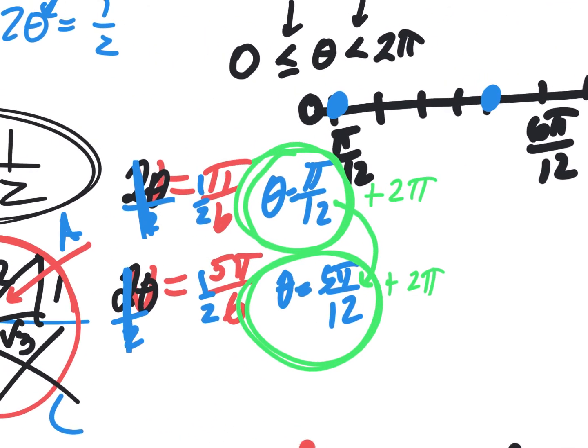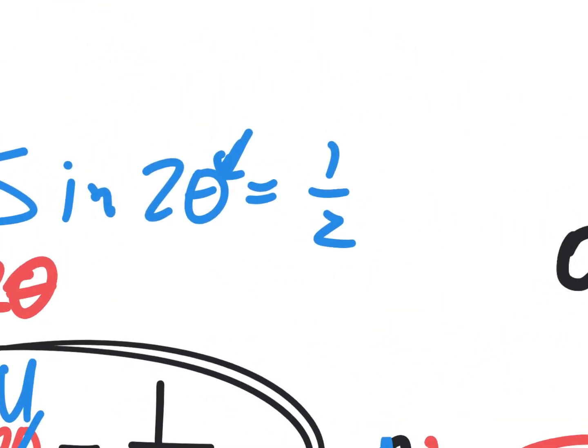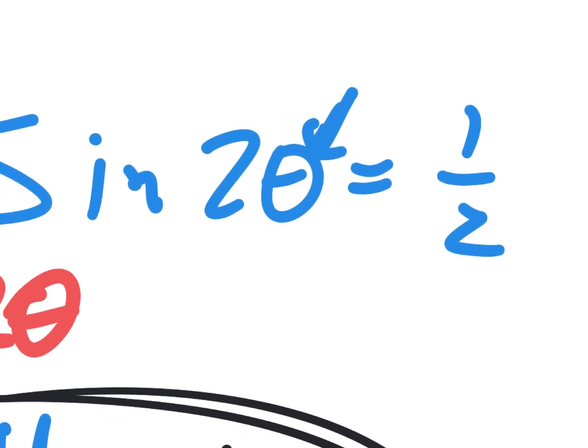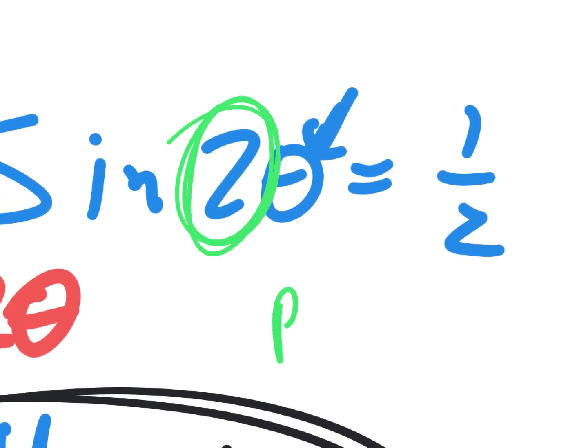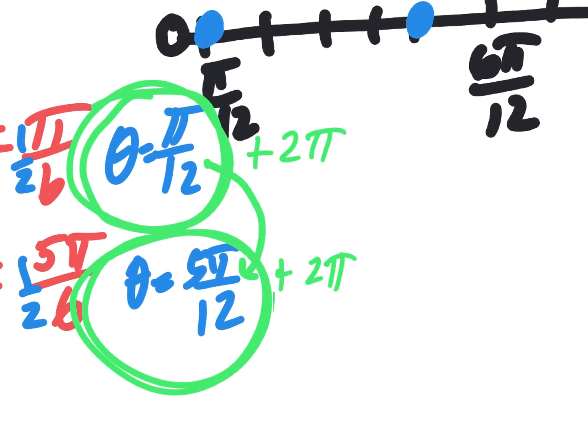Well, its period in the original problem would have been 2 pi, but then there's this 2 here. And so its period was 2 pi, but now you go 2 pi over 2, and its period is now pi. You're right. So then that means I have to add pi to my answers. Not 2 pi, but pi.